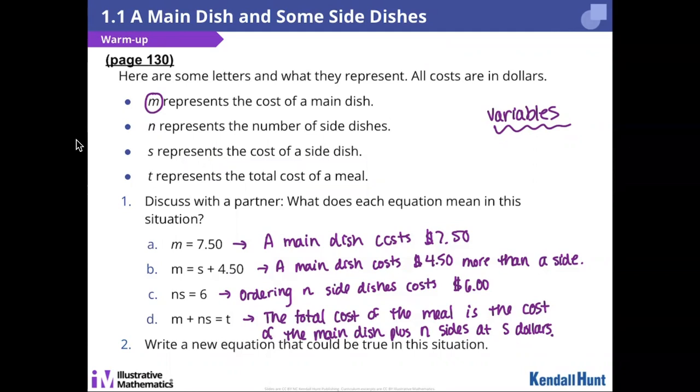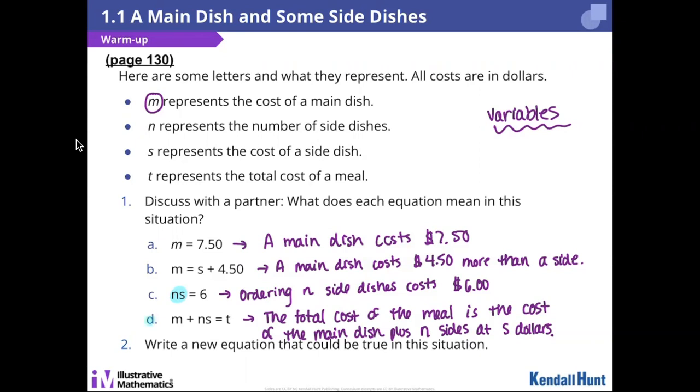Part C says ordering N side dishes costs $6. If you're going to calculate the price of something, we use multiplication to do that. We take the item itself, the cost of something, and we multiply it by the number of those items that we have. And in this case, it's telling us that the total price of those sides is about $6.